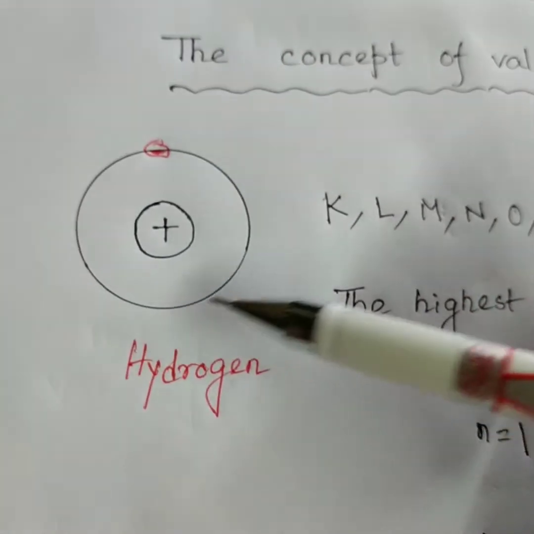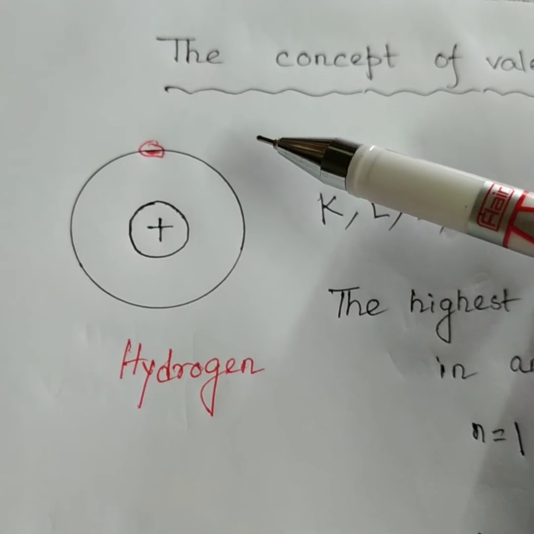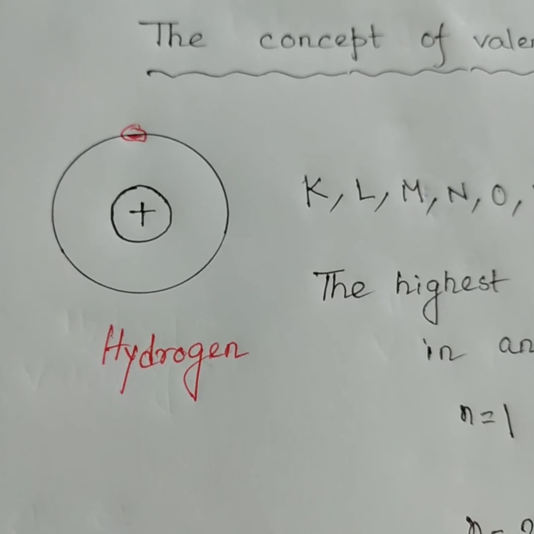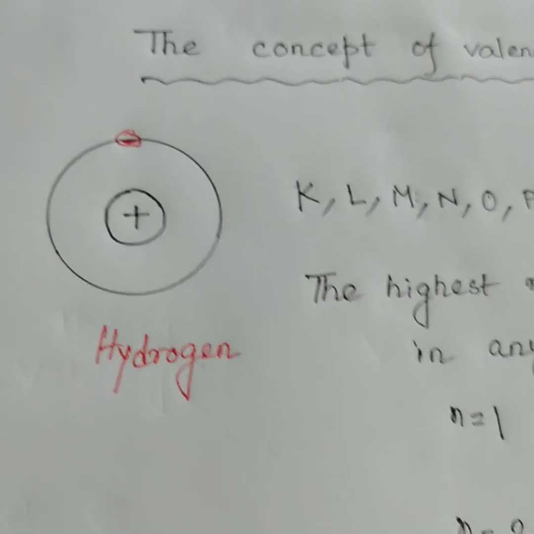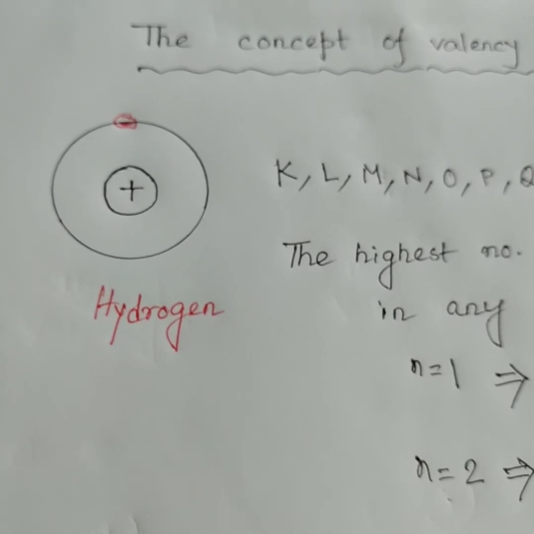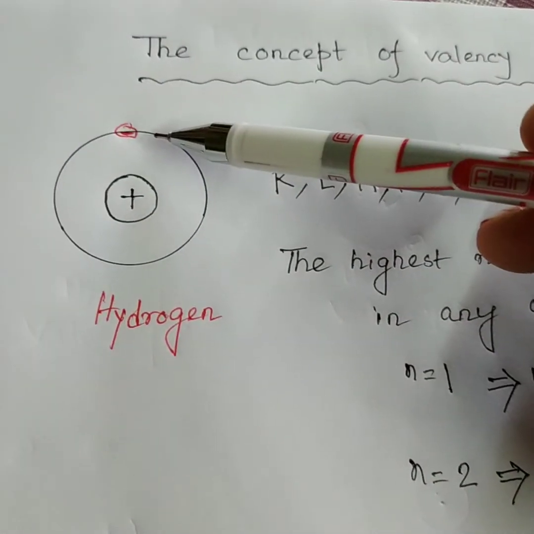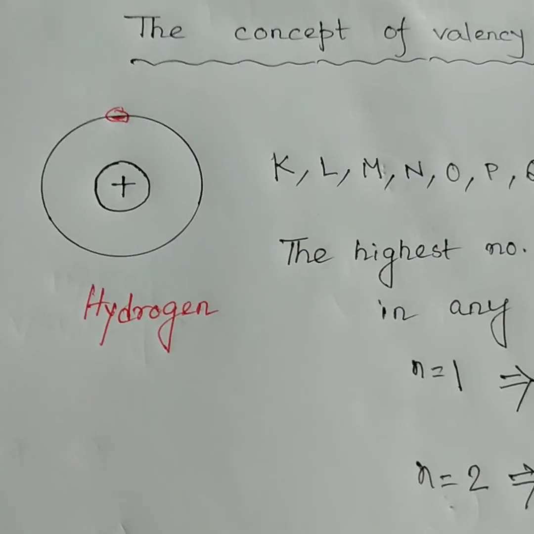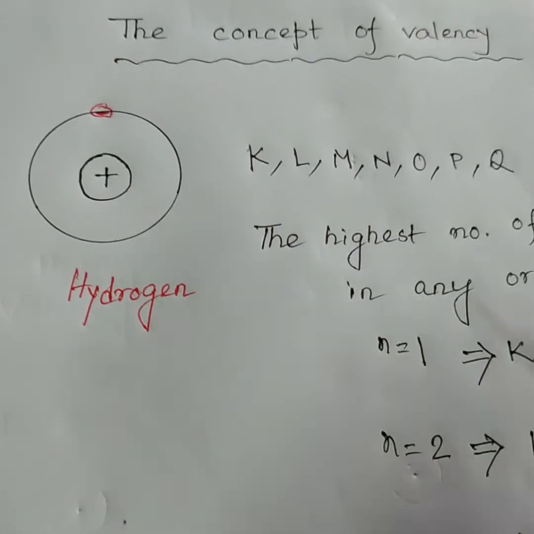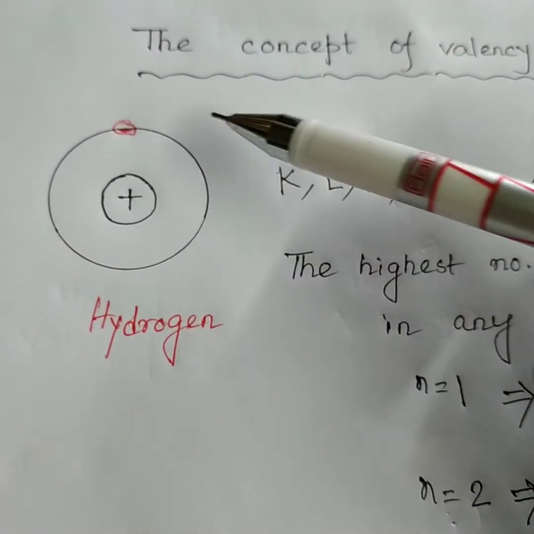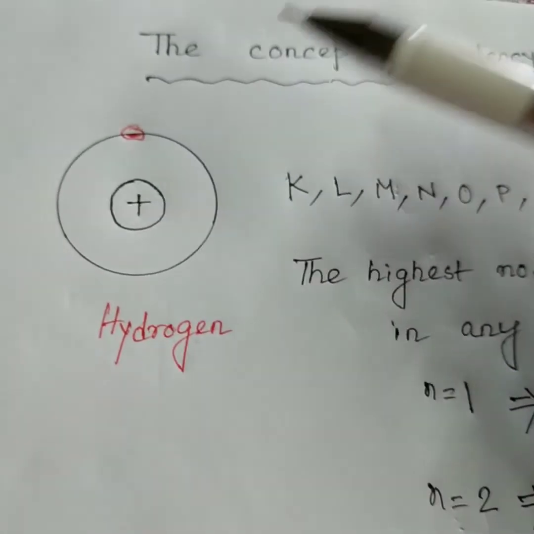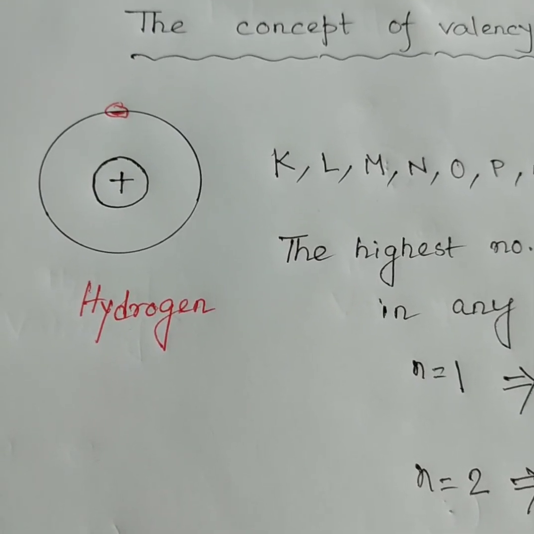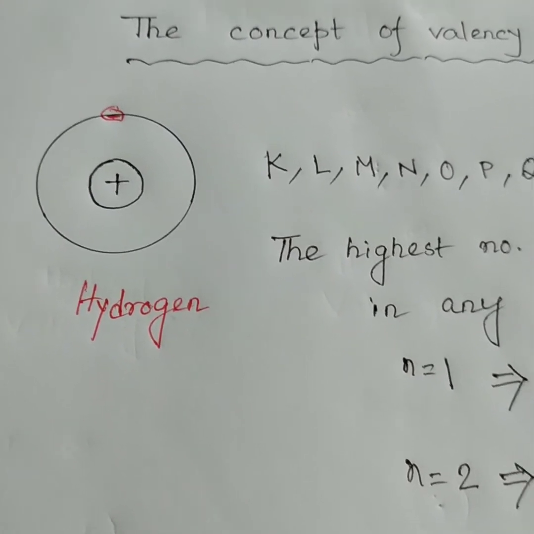The electrons present in the outermost shell or orbit of an atom are called valence electrons. The valence electrons take part in any chemical reaction because the outermost orbit usually contains more energy than the electrons present in other orbits.